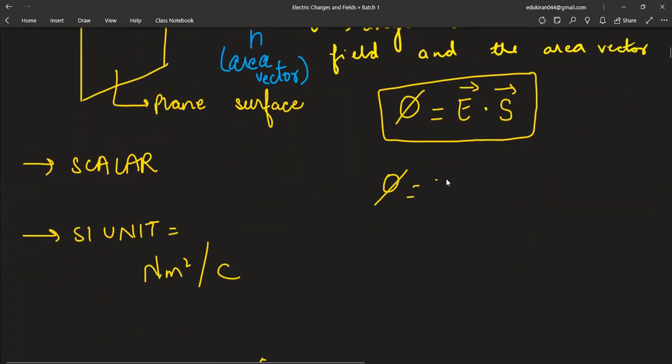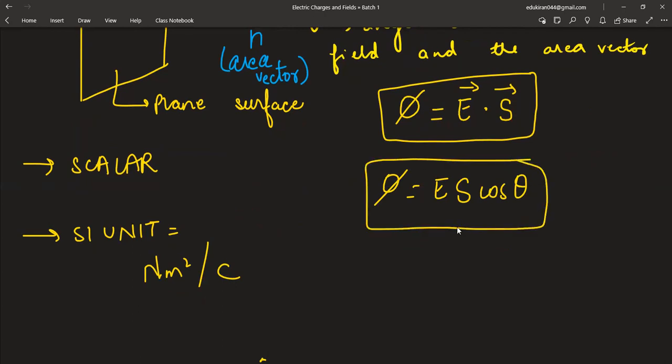So phi will be equal to the magnitude of E times the magnitude of S, where S is the surface area and E is the electric field, into cos theta. Theta is the angle between the area vector and the electric field. So E S cos theta, simply you can use.